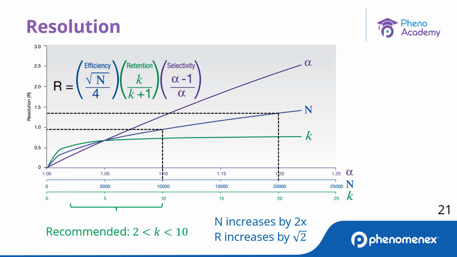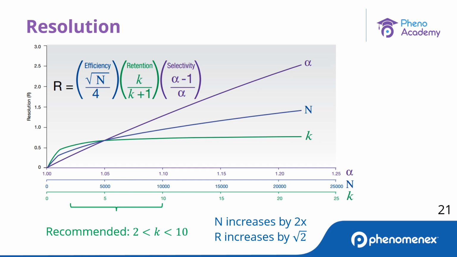Increasing efficiency increases resolution, but a little slowly. Because of that square root, if you manage to double your efficiency, then that means resolution increases by the square root of 2, so by about 1.4. And increasing the selectivity, so how your analytes behave depending on the stationary phase and the mobile phase, is simply the most effective.